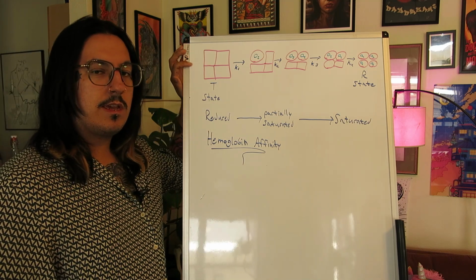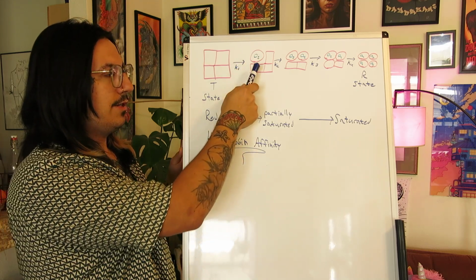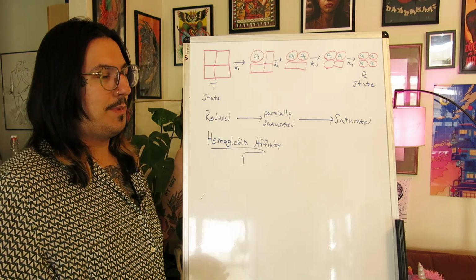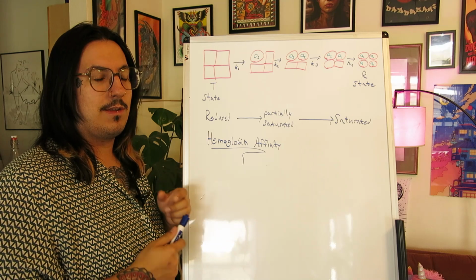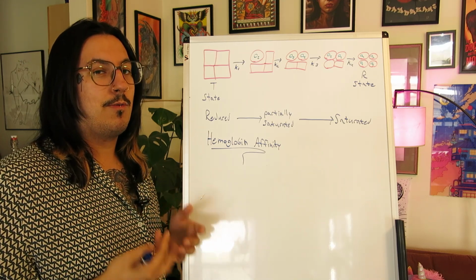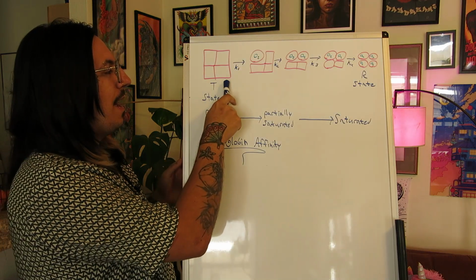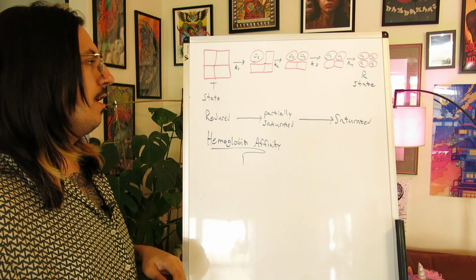At the tense state, hemoglobin has very low affinity for oxygen, meaning it's not really going to want it that much. At the relaxed state, it has high affinity for oxygen, so it's really going to want the oxygen. And we're able to get past this first state by changing the pH or the CO2 concentration.